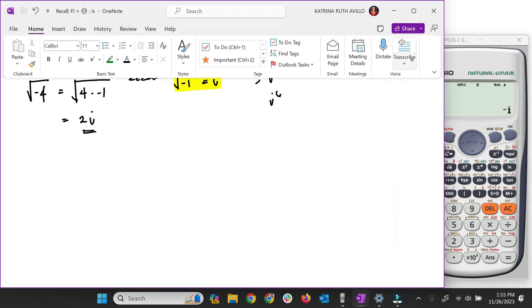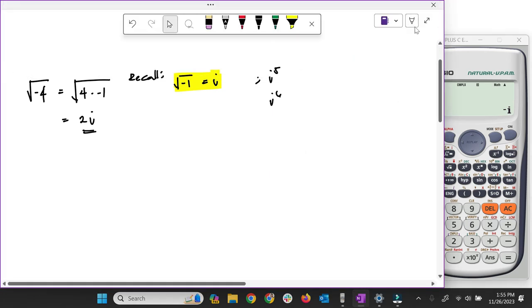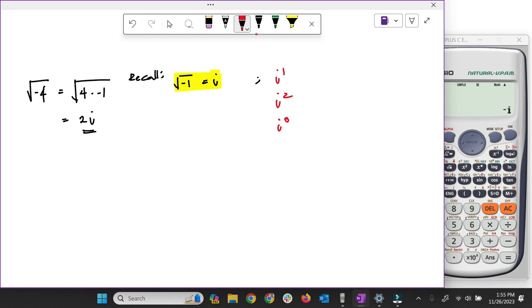You simply use this concept. Kasi diba, sige, simulan ko sa i raised to 1. Okay? So, i raised to 1, i raised to 2, i cubed, i raised to 4. Ayan, stop muna tayo dyan.